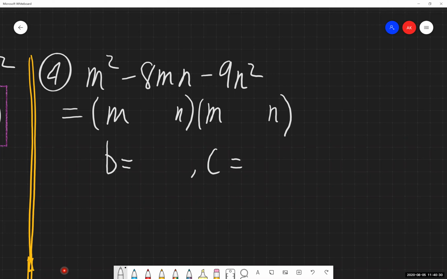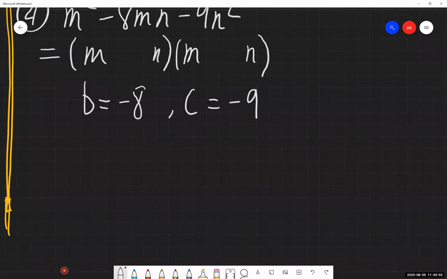You don't need to unmute yourself. Just think for yourself as we're going through these things. What's my B value? What's my C value? And if you said the B value is -8 and the C value is -9, you are correct.